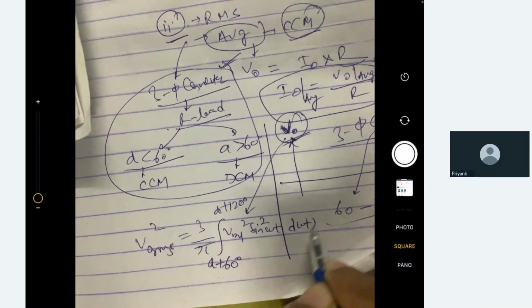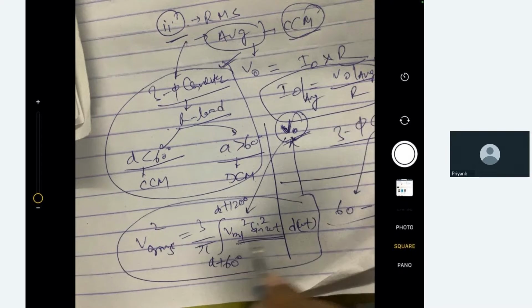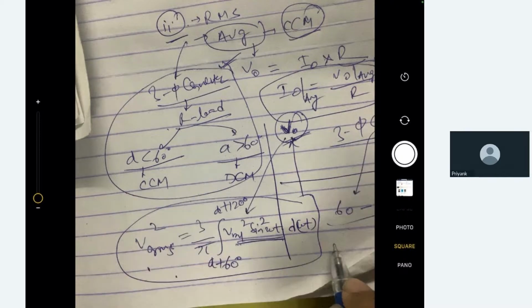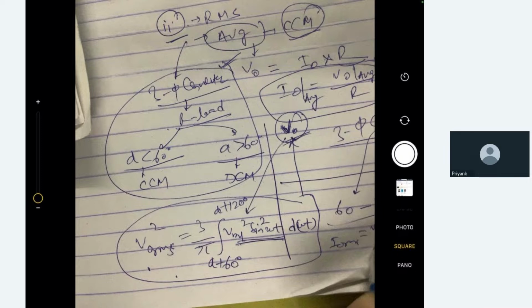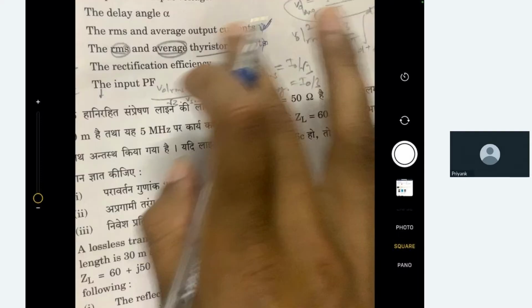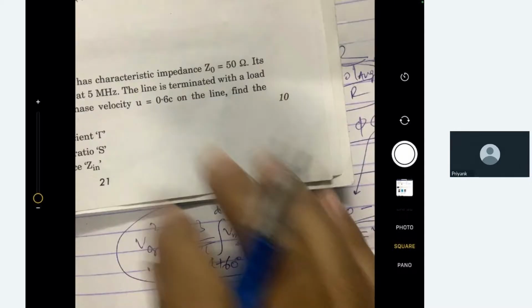After solving this integral we find V output RMS, and from that I output RMS will be V output RMS divided by R. So actually, I think there is no option but to lose these 2, 3, 4 marks, because nobody is going to solve this difficult integral.